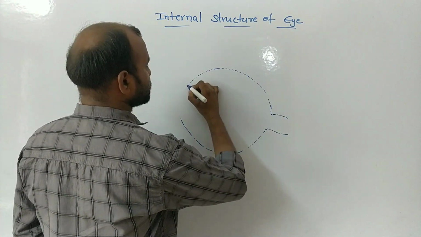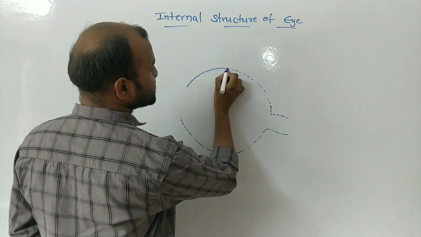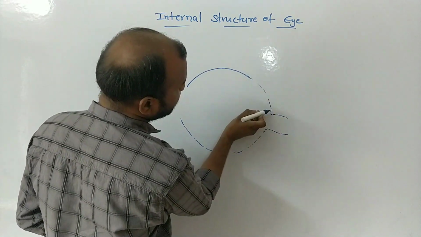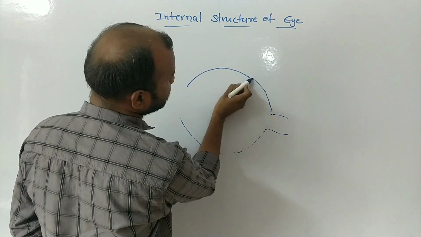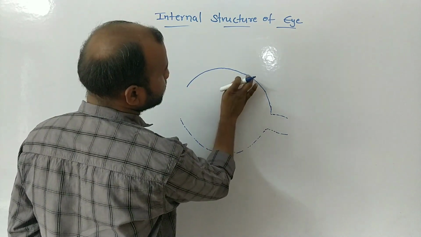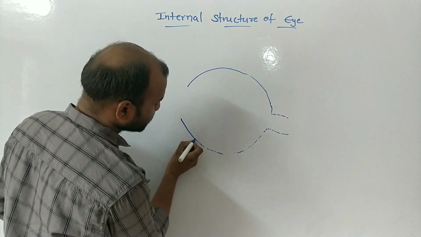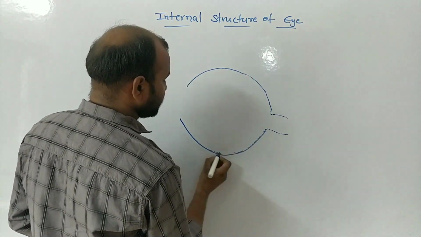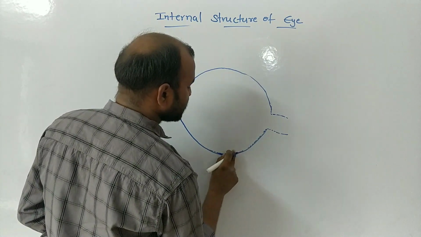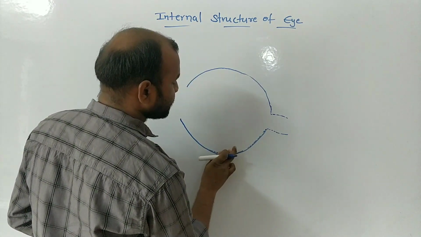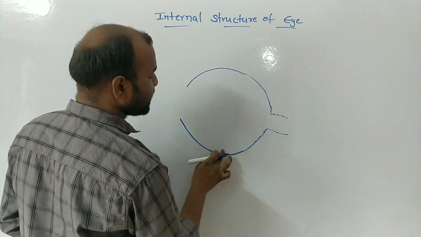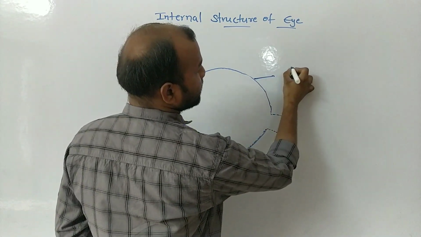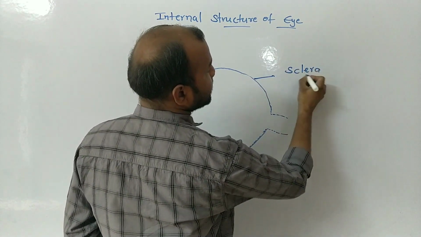This is the outer layer. This is called the outer layer of the eye, and it is called the sclera.